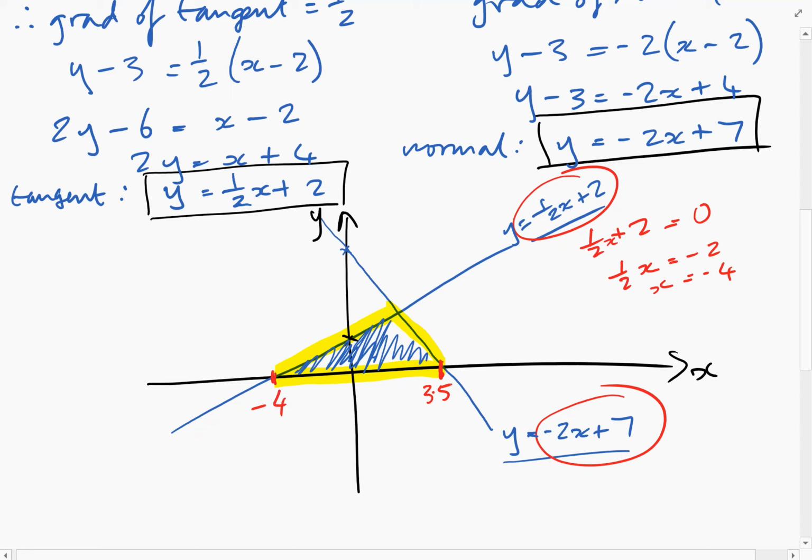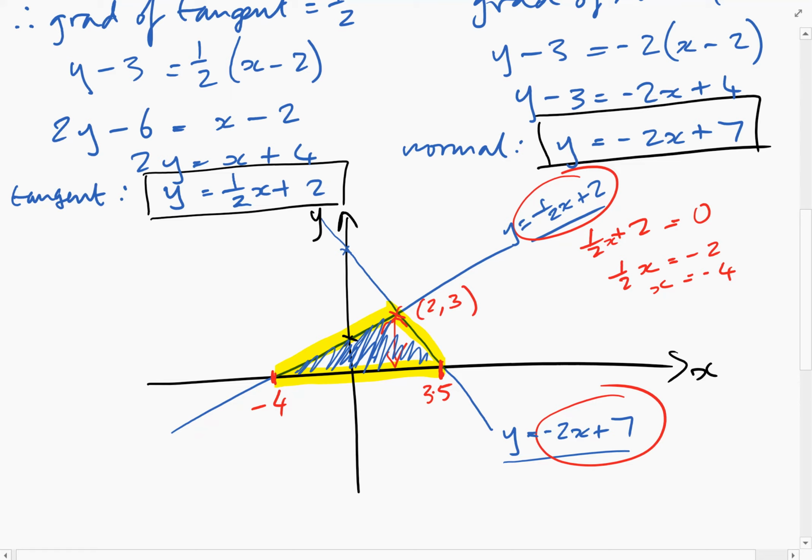The other thing we need to know is the height of this triangle. It's just a triangle, so as long as we find the height of the triangle and the base, we can work out the area. Now that height there, this cross is where the tangent and the normal meet, but we already know that is the point 2, 3.